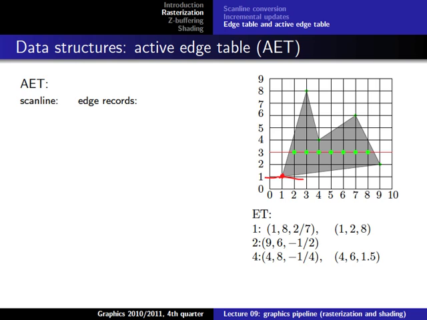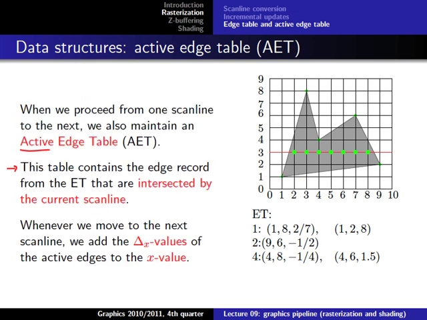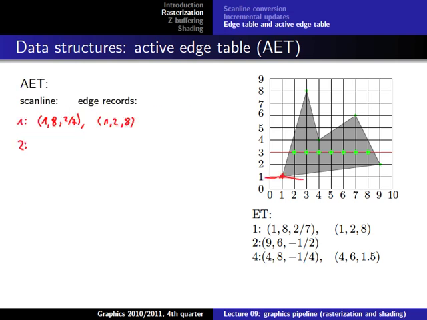So we enter the first entry at scan line index number 1, which means the y value is 1, 1, 8 to 7th, and the second entry is 1 to 8. Then we move on to the second scan line, and we have to add the delta x to the x value.